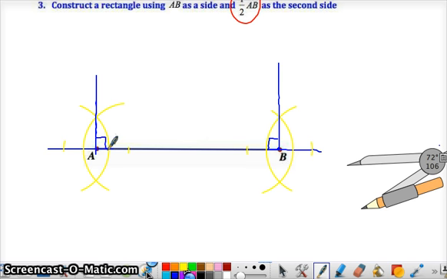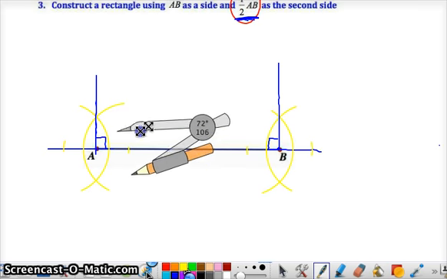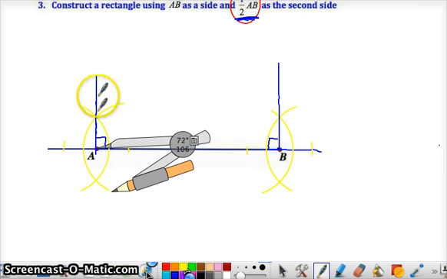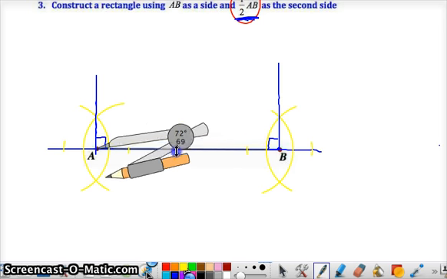That's awesome, but the key here is I have to construct the height, or this part right here, to be half the length of AB. So I need to now bisect segment AB.